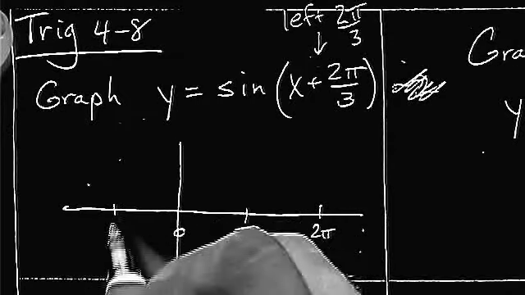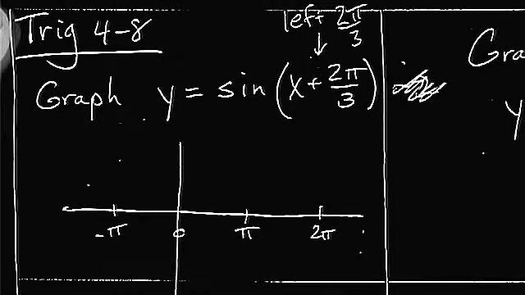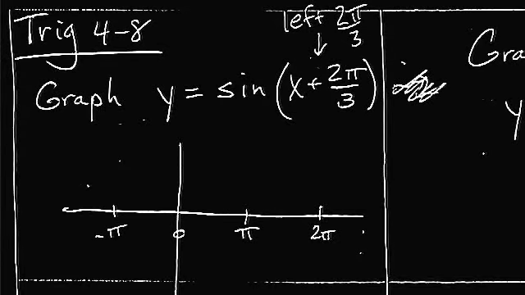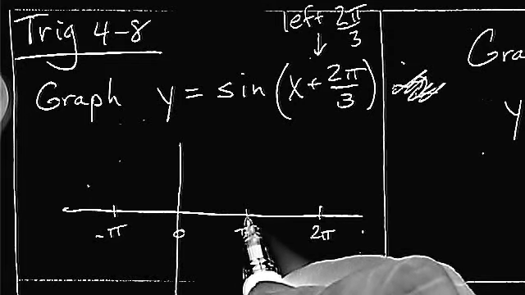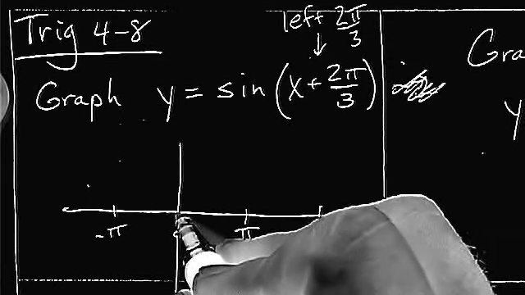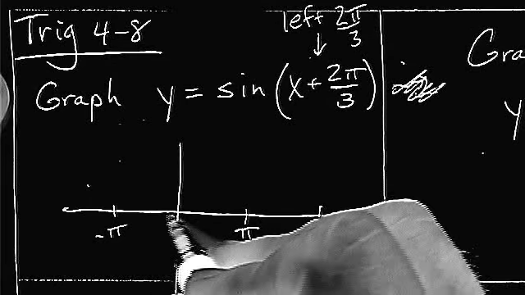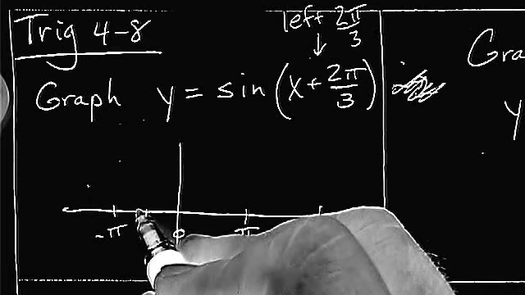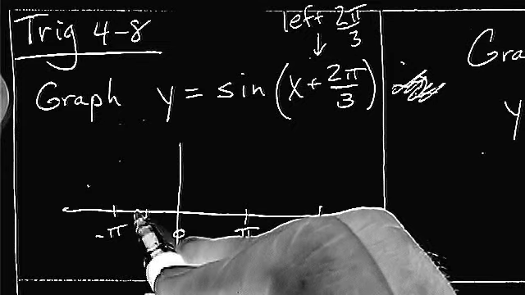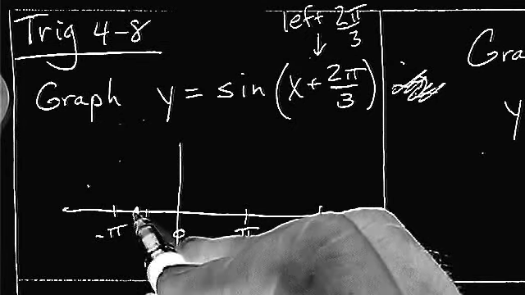And let's see here. 2 pi over 3. We know that's 120 degrees. So that's 2/3 of a pi. So if this was the old starting point, and there's negative pi over 2, negative 2 pi over 3 has to be right about in here.